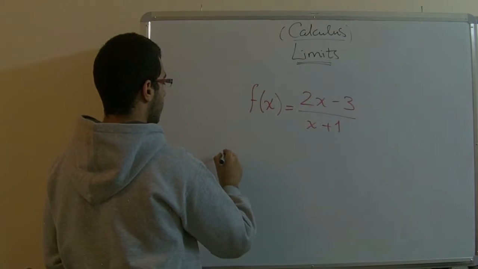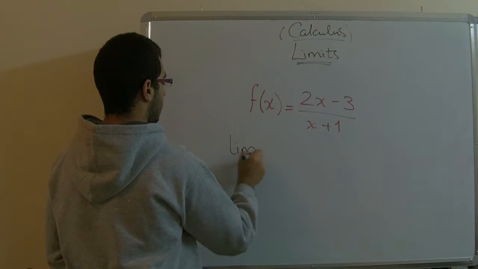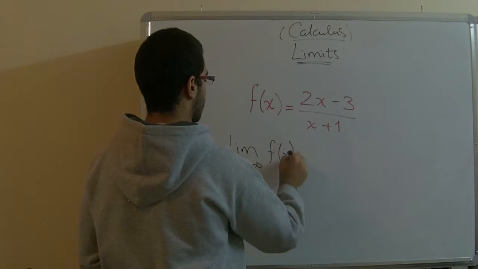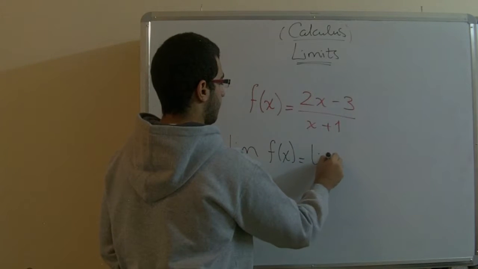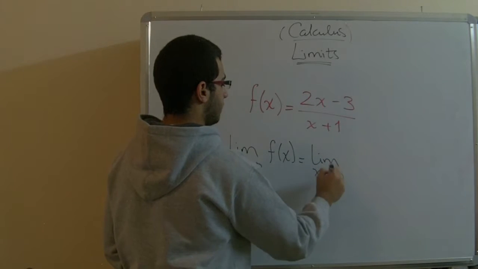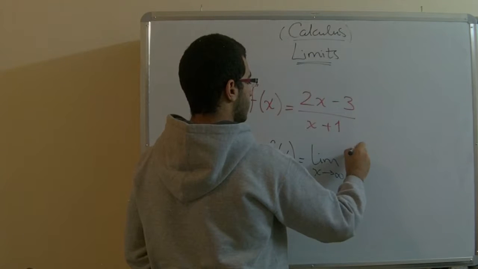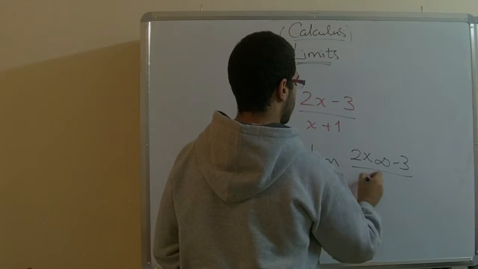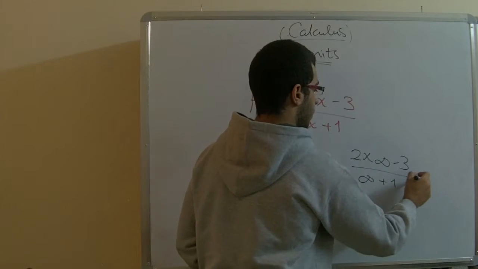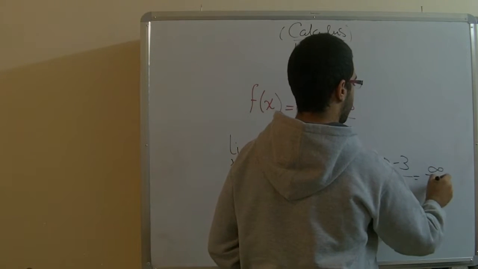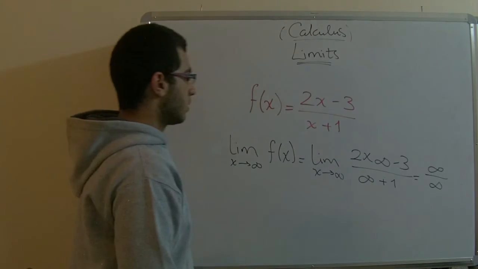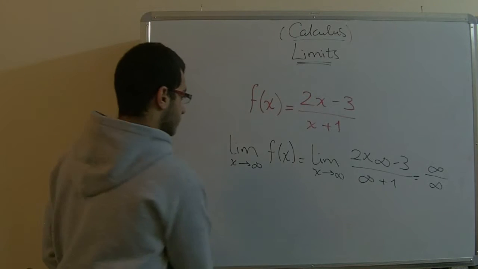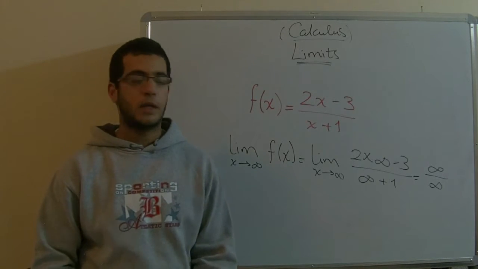If we say the limit as x approaches infinity of f(x) equals the limit of (2 times infinity minus 3) over (infinity plus 1), it yields infinity over infinity, and this value of course is undefined, so this is not the correct answer. So how could we get the answer in this situation?